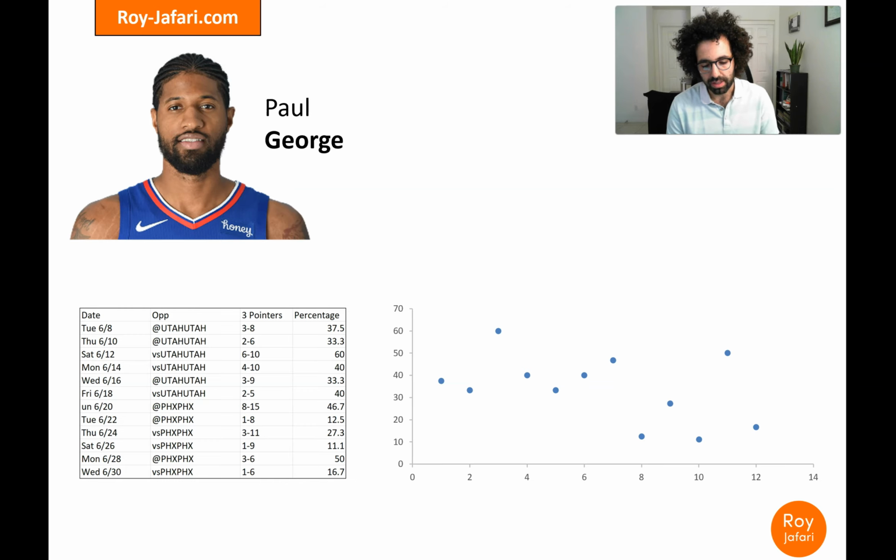This is the last 12 games of Paul George, and this shows the trend of the percentage of success for his three-pointers. So let's imagine we are one day after the third game, where Paul George was able to achieve 60%.